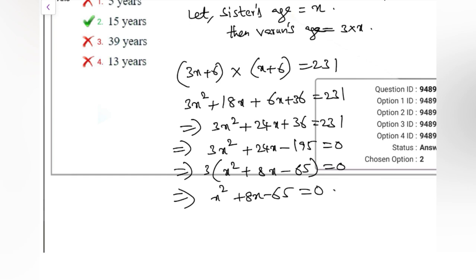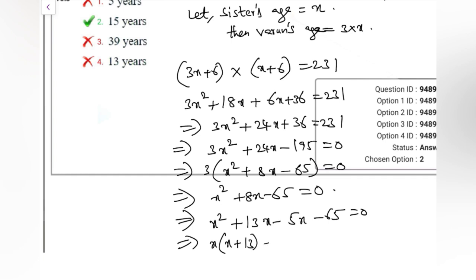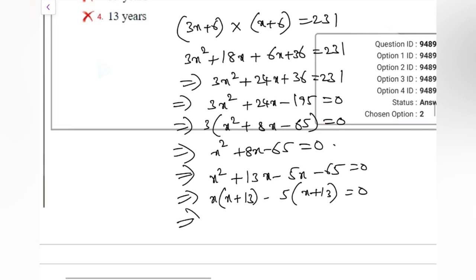And 65 we can write this as 13x minus 5x, so that we can get 8x. So the factors will be x into x plus 13 minus 5 into x plus 13 is equal to 0, which implies x equal to minus 13 and x equal to 5.